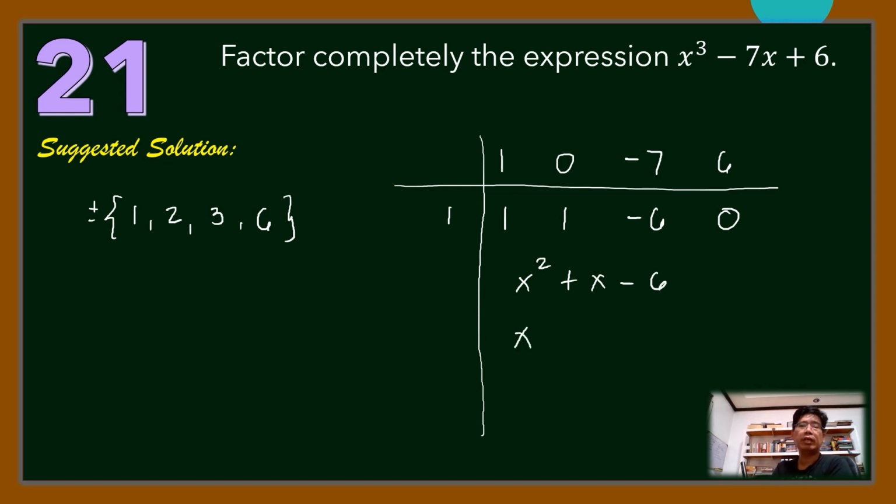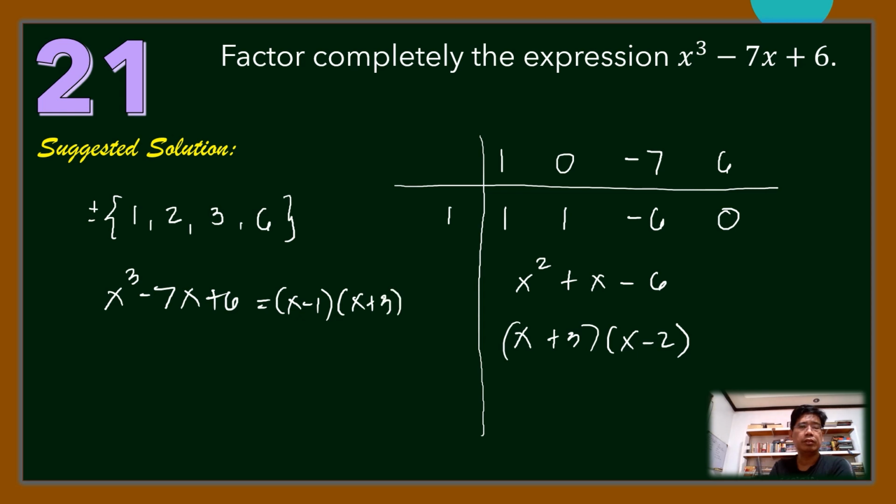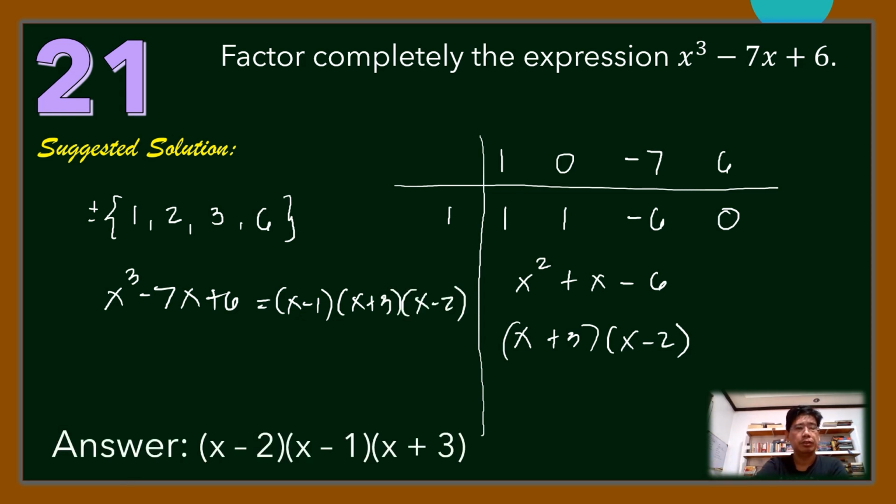We can factor this as x plus 3 times x minus 2. Since 1 is also one of the roots, then we have x minus 1 times x plus 3 times x minus 2.